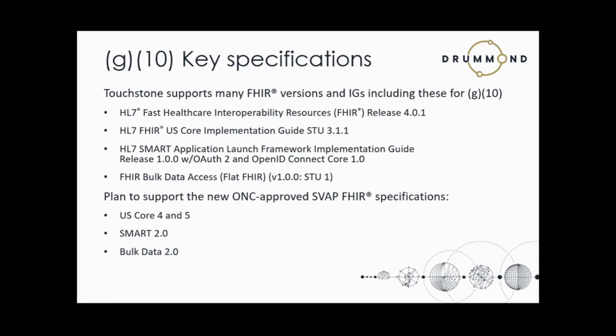And that includes US Core 4 and 5. That includes SMART on FHIR 2.0 instead of 1.0, and the bulk data 2.0 IG as well.